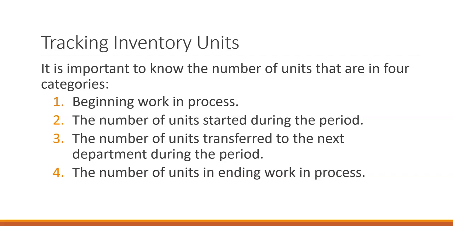So we would have beginning work in process. We add the number of units started during the period. That gives us the total number of work in process units we're keeping track of. Then we would subtract out the number of units we transfer to the next department in the process. And that leaves us with the number of units in our ending work in process.